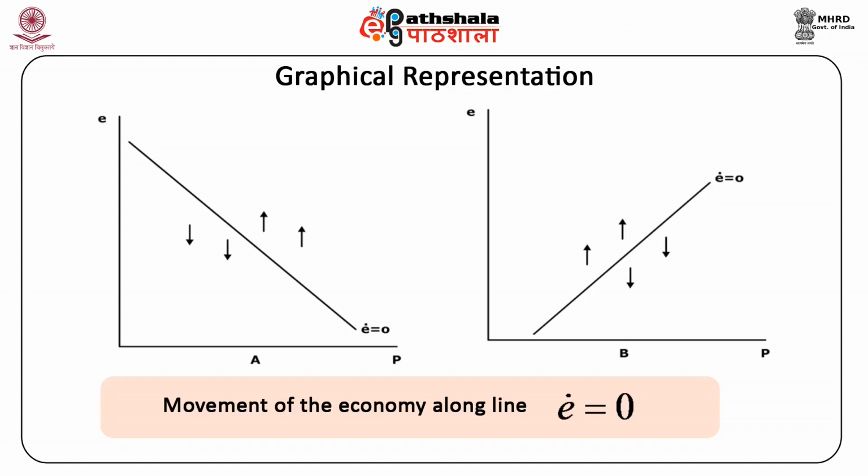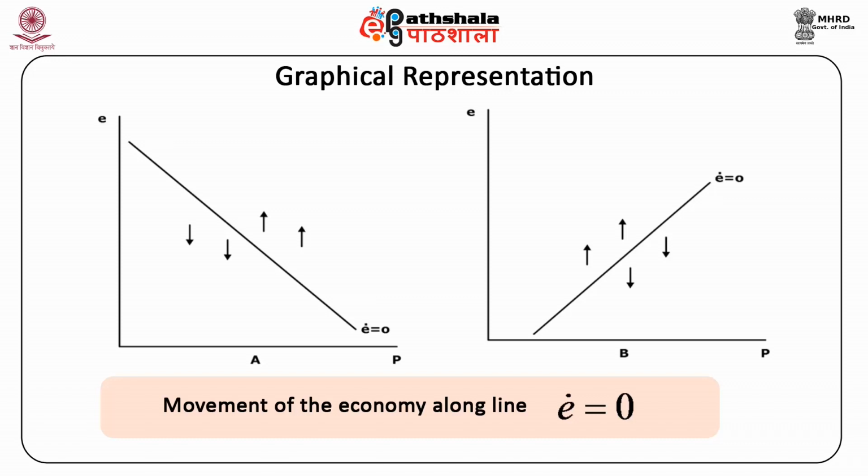If the economy were to be above this line, it means that for a given price level, the exchange rate would increase, or the domestic currency would depreciate, making domestic goods cheaper in comparison to foreign goods. Demand and hence output would increase. A higher output means a higher income, which would trigger a higher demand for money, creating disequilibrium in the money market.